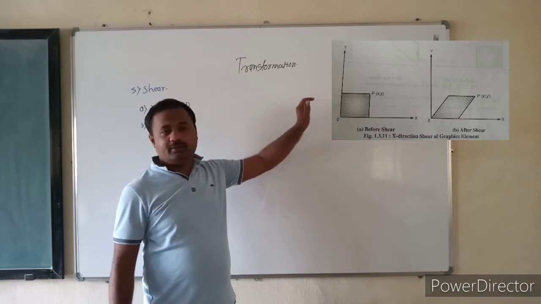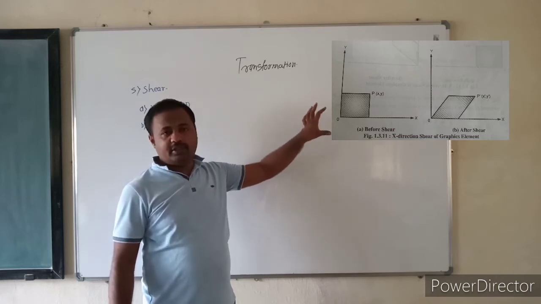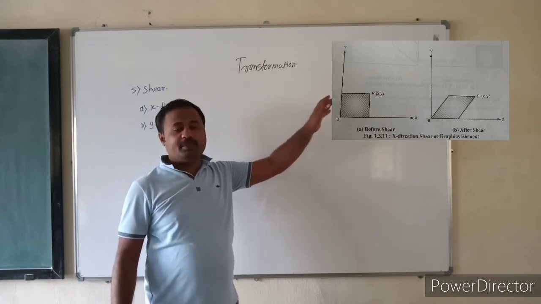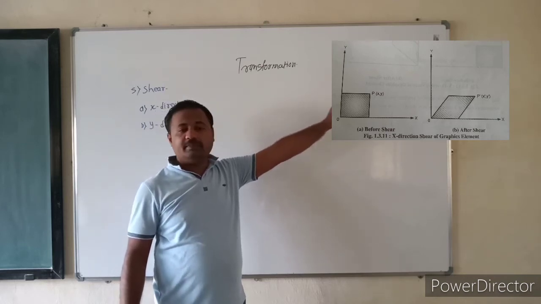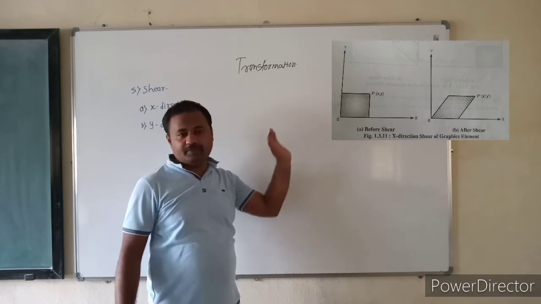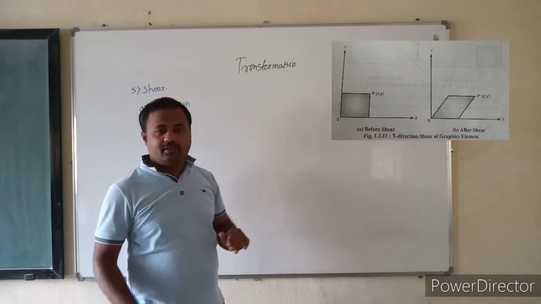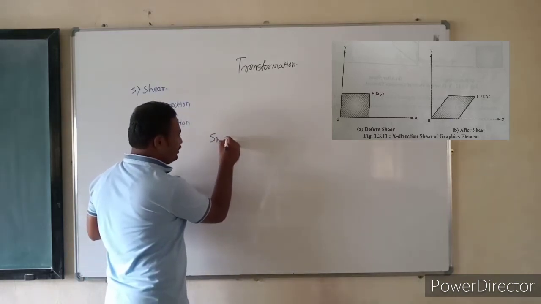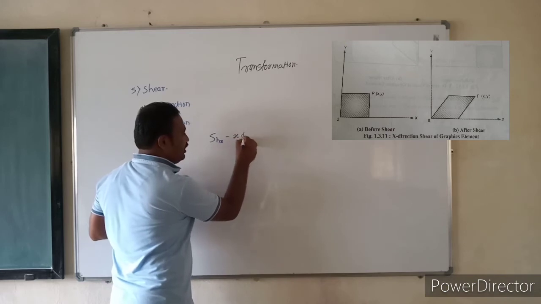The shape is a rectangle. The point P(x, y) after shear becomes P dash, (x dash, y dash), meaning before shearing and after shearing. SHx is the shearing in X direction.